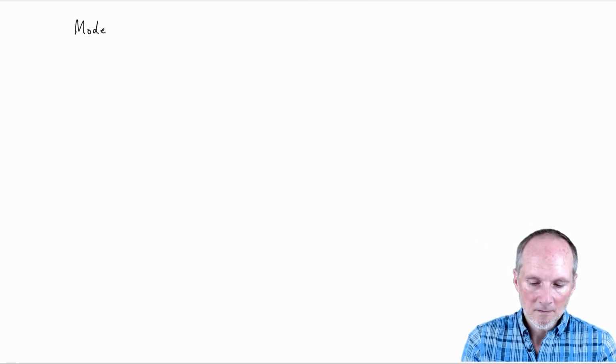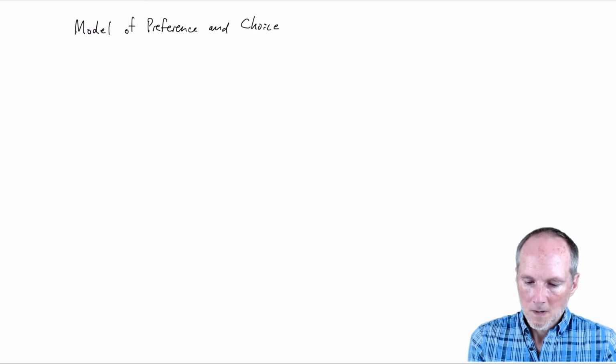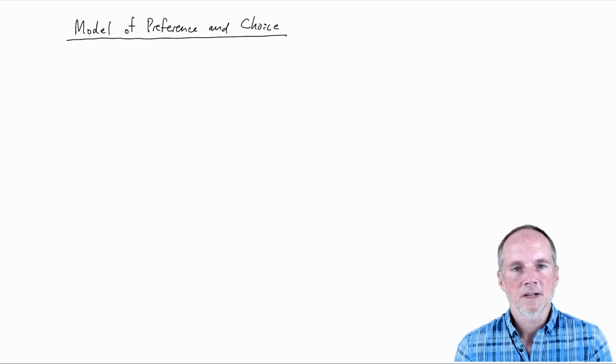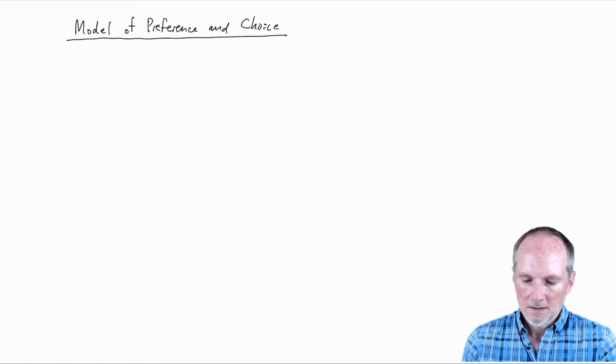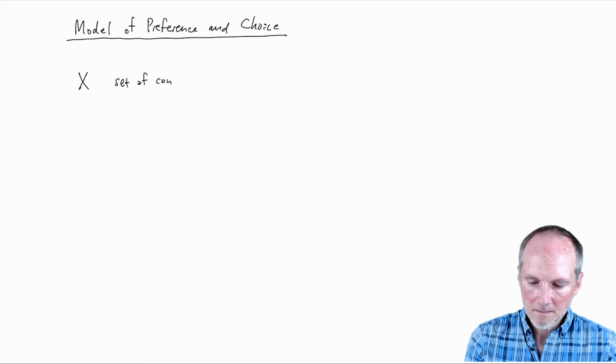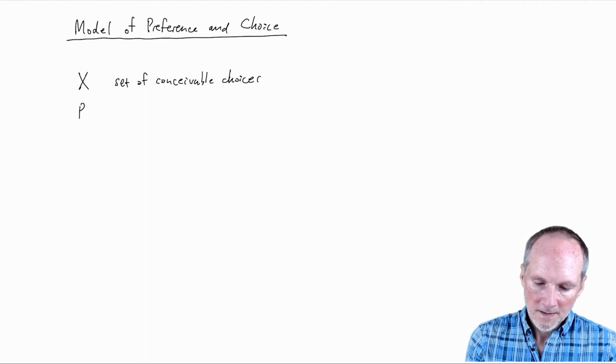What I want to do here is return to that basic model, and I just want to push it in a couple different directions. So to remind you, we started off with a set of conceivable choices, and a list of preferences.